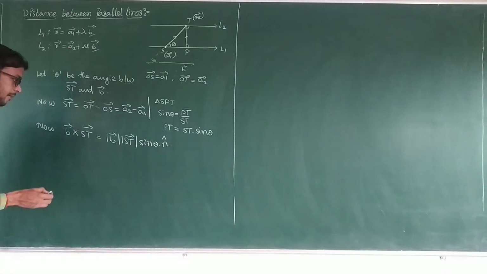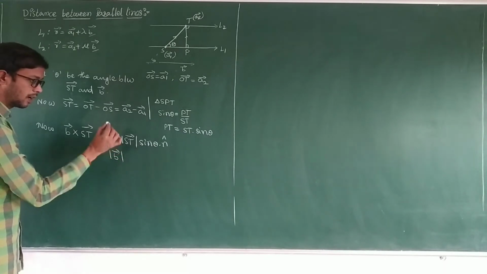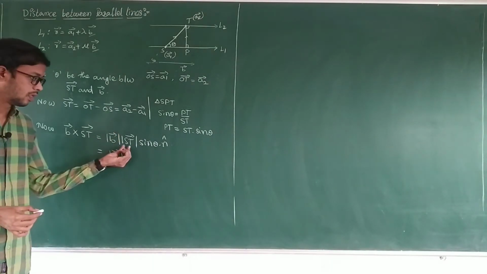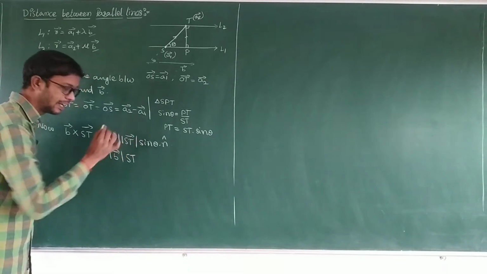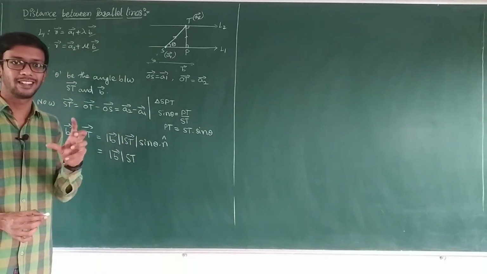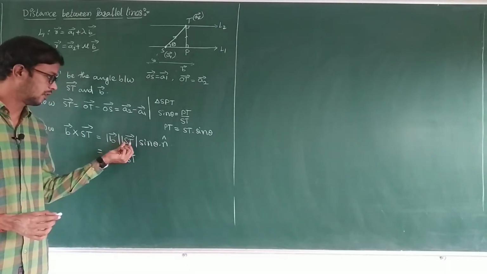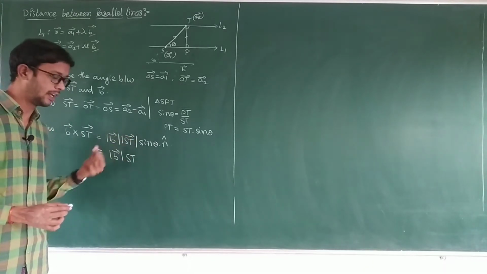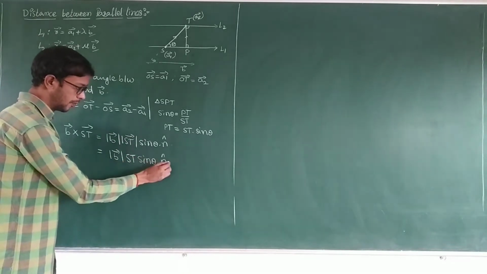So next step, the magnitude of b bar is nothing but b. The magnitude of ST bar we can simply write as ST, it is a length. Magnitude means the length of it. So we can write this as b into ST into sin theta into n cap.